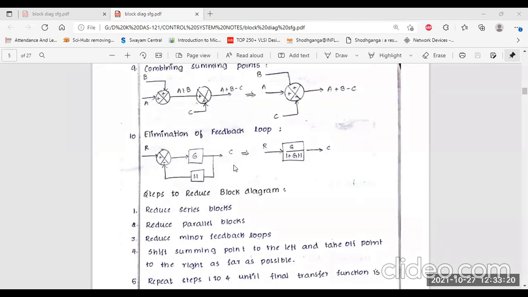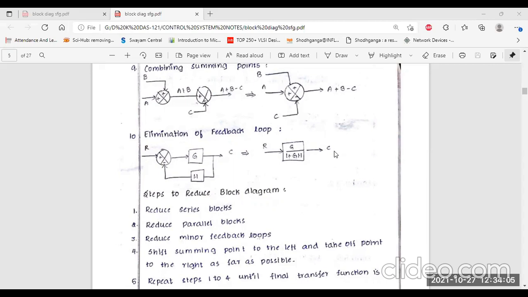Here also, different types of rules are present. You have to write the equation: C over R equals G divided by 1 plus GH. We implement this equation for the feedback loop. Please remember this, because feedback loop questions also come in your paper. When a feedback loop comes, we change it into this pattern: R times G by 1 plus GH equals C, that means the output.